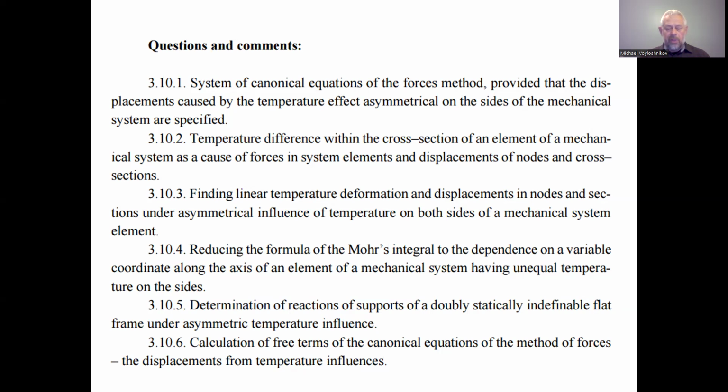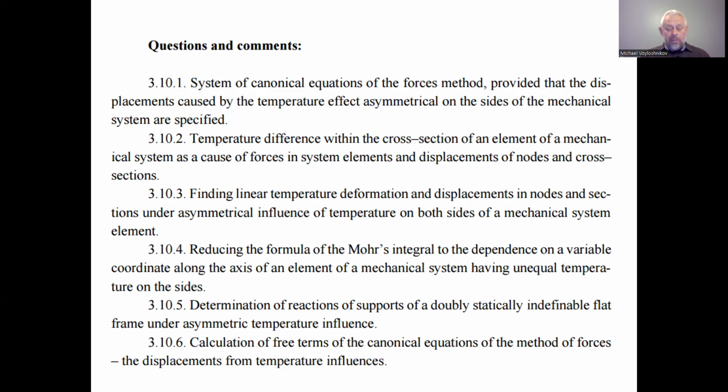To use these equations, we have to find the factors in the summands of the canonical equations for the unknown variables and the free terms of the canonical equations, which for the temperature impact depend on the difference of the temperatures acting on the sides of the mechanical system and on the middle temperature impact for the expansion or compression of the elements of the mechanical system, in the transverse section, assuming linear distribution of the temperature.